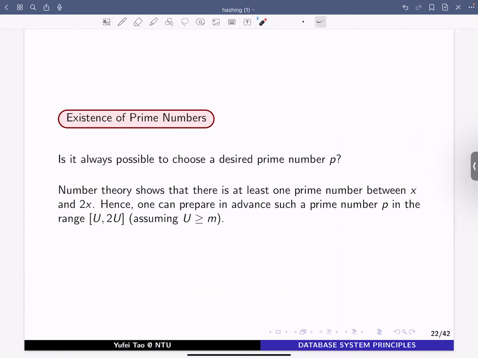We know this u is a fixed number, a finite number that we know in advance. So all you have to do is prepare a prime number between u and 2u, and you can prepare this number in advance, in an offline stage, and then use it forever. So this is not really an issue.